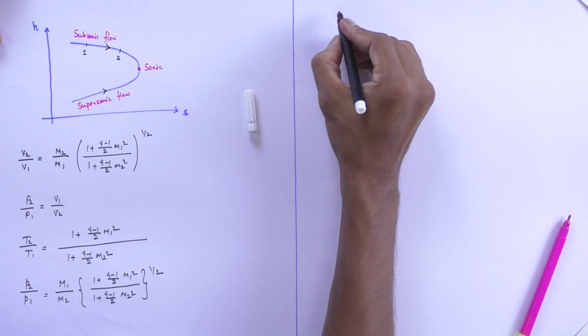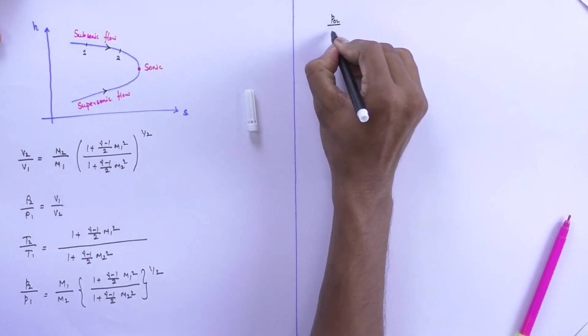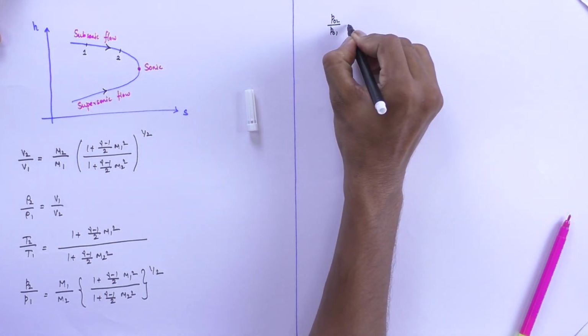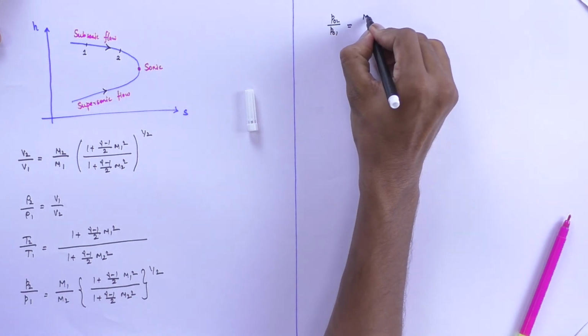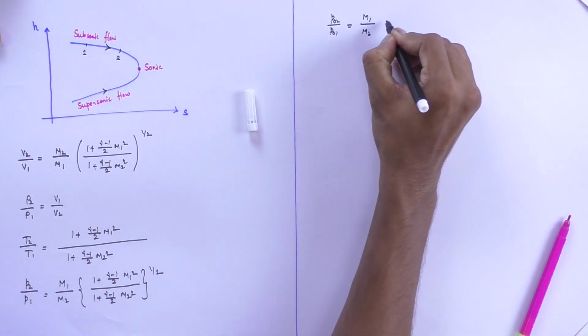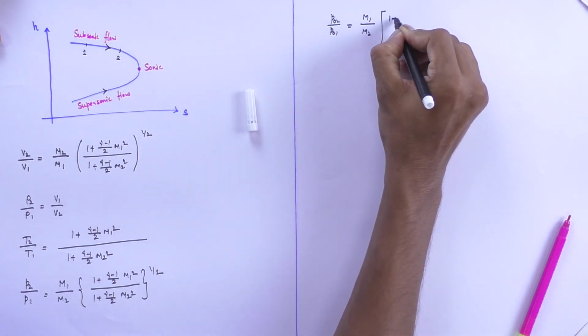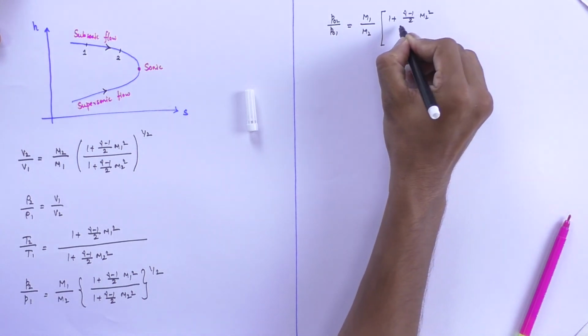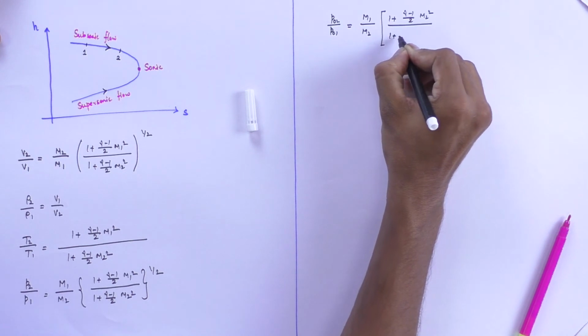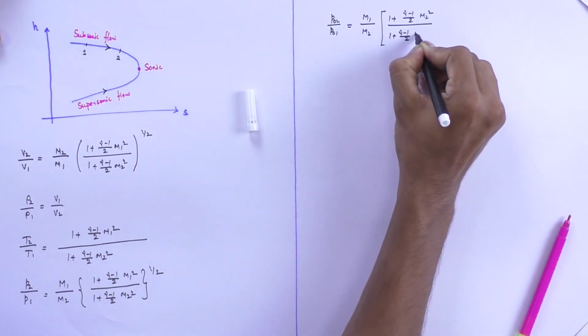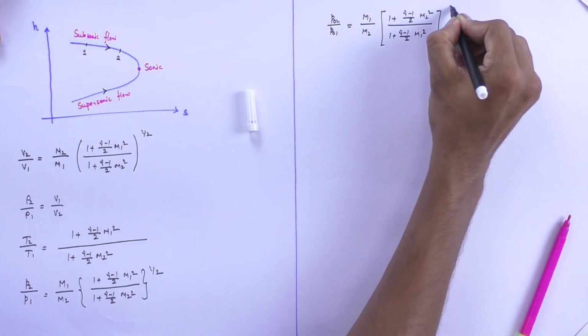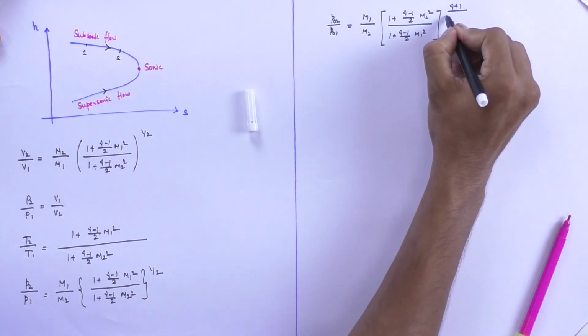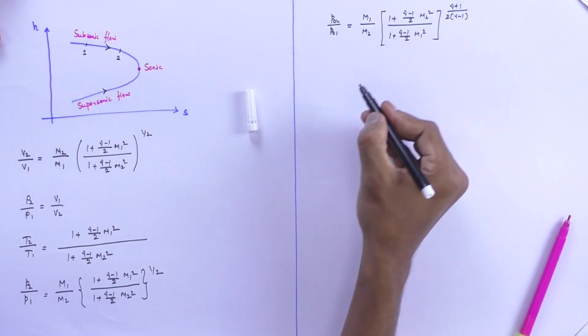Then the stagnation pressure relation, P02 divided by P01 is equal to M1 divided by M2 into 1 plus gamma minus 1 by 2 M2 square divided by 1 plus gamma minus 1 by 2 M1 square whole power gamma plus 1 divided by 2 into gamma minus 1.